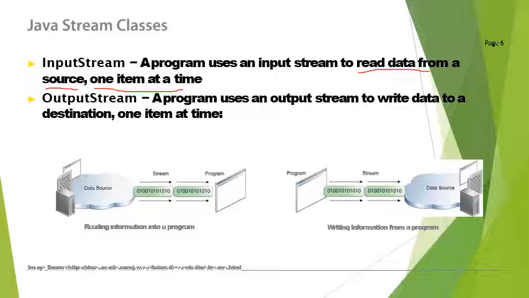It can read only one item at a time. Similarly, the output stream is used to write data to a destination. As with the input stream, an output stream can also handle a single item at a time.